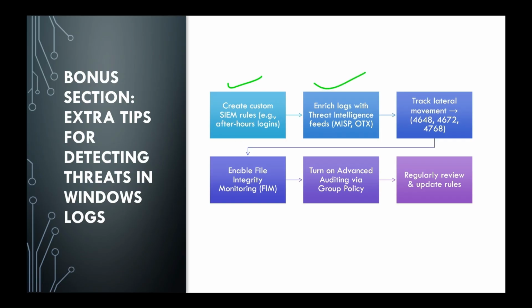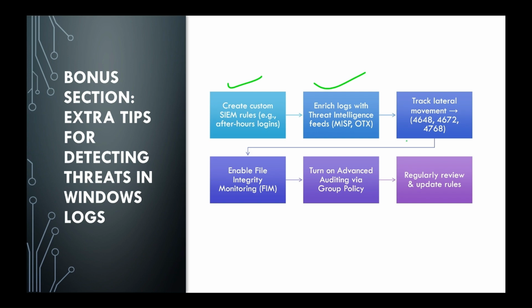Tip number two, use threat intelligence feeds to enhance your threat detection. Integrating threat intelligence feeds into your SIEM solution can significantly improve your ability to detect known attack patterns and malicious IP addresses. So tools like MISP or OTX offer real-time updates on indicators of compromise, such as malicious IP addresses, URLs used in phishing or malware campaigns, and file hashes associated with malware.